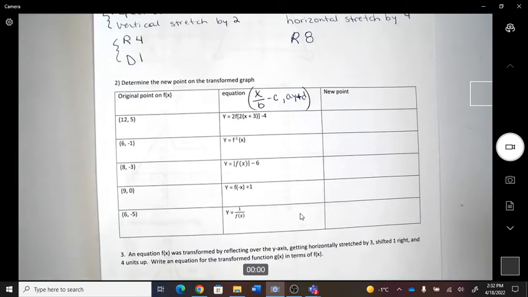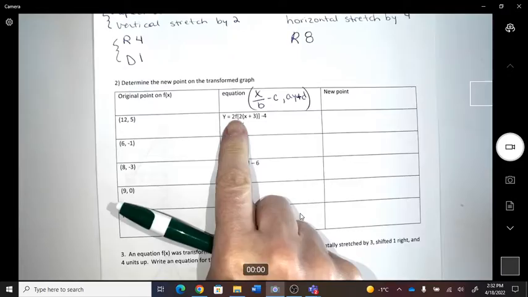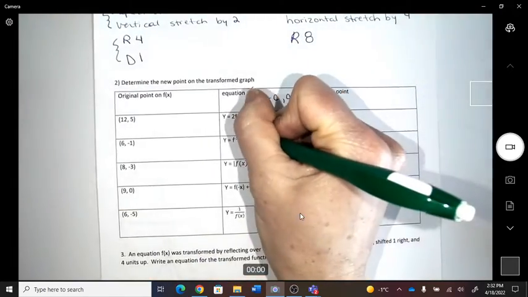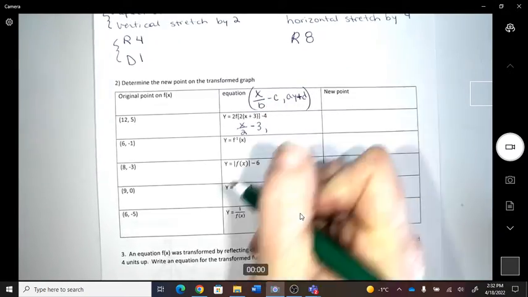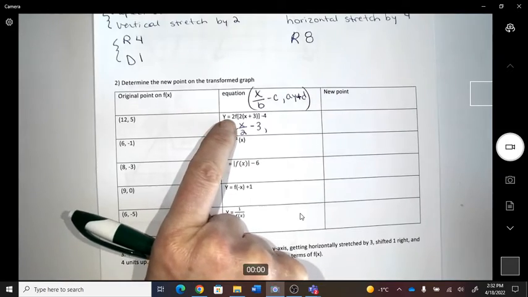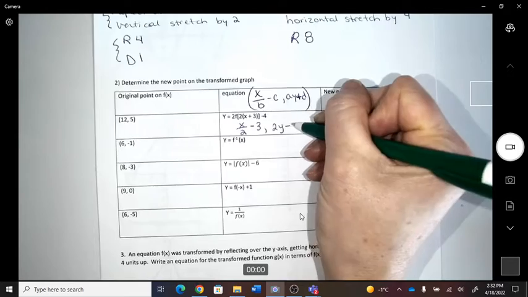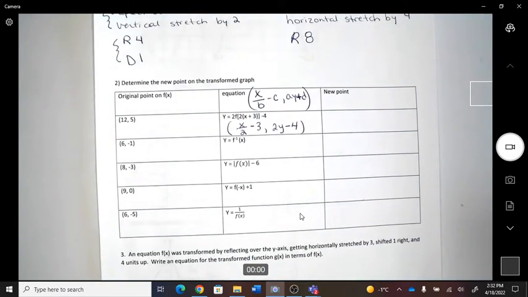Okay, so X, there's a B of 2 divided by 2, subtract 3. A is out front, 2Y, subtract 4. Okay with how I wrote that?